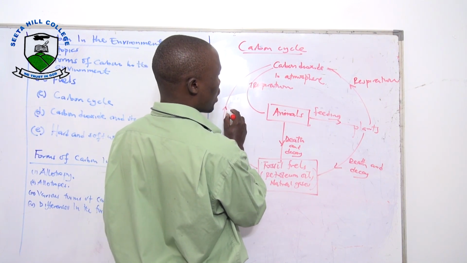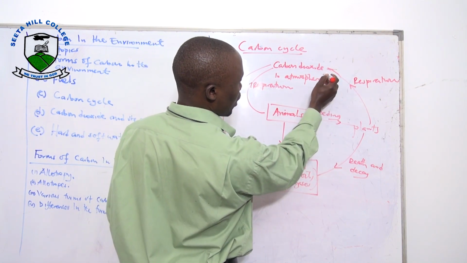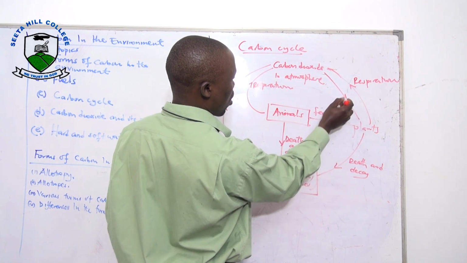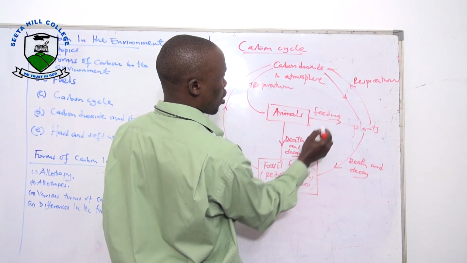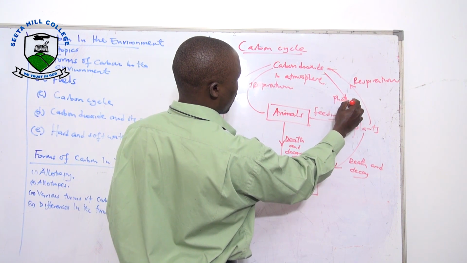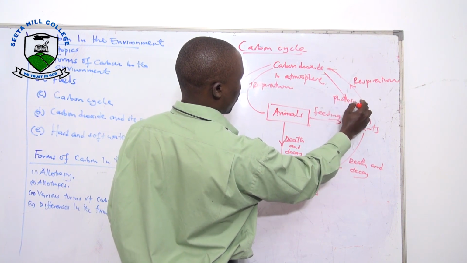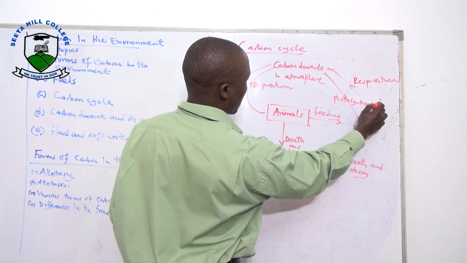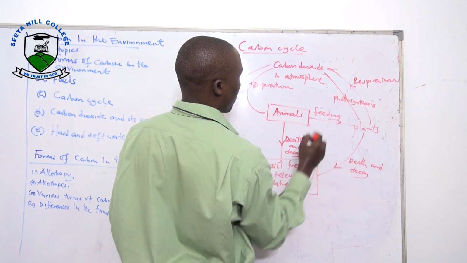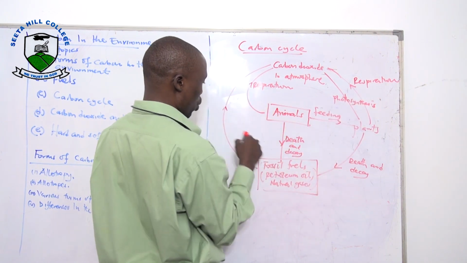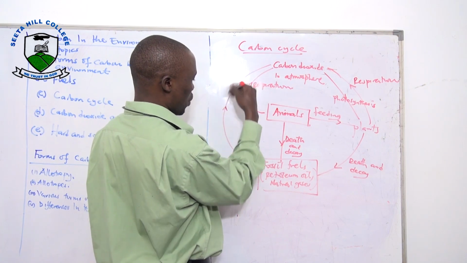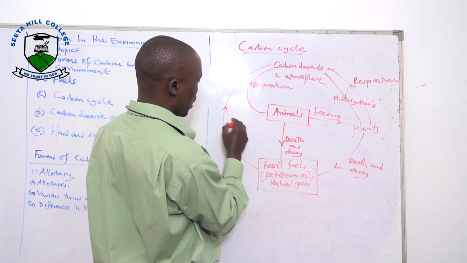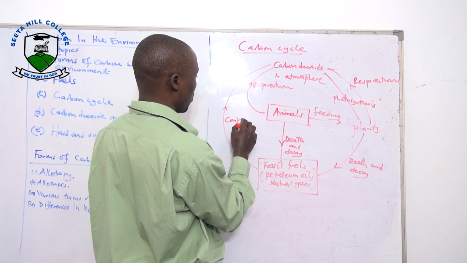When plants take it, this one is called photosynthesis. That's very great. Now, what of this? How is this attained? This is combustion.